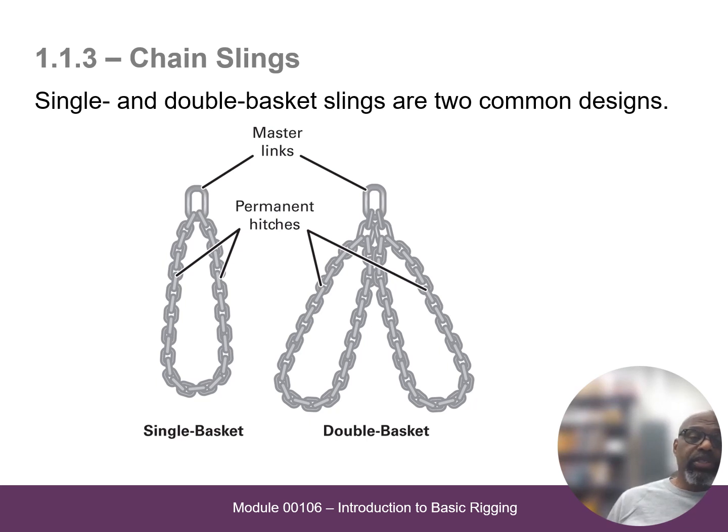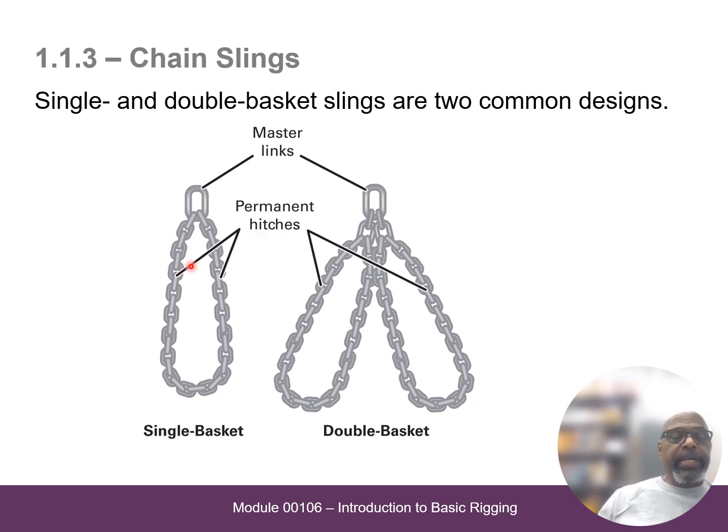Alrighty, here's chain slings, and we see how it's connected. Got this master link right there. A lot of times, this is used to lift different loads where damaging whatever you're lifting won't be a concern.